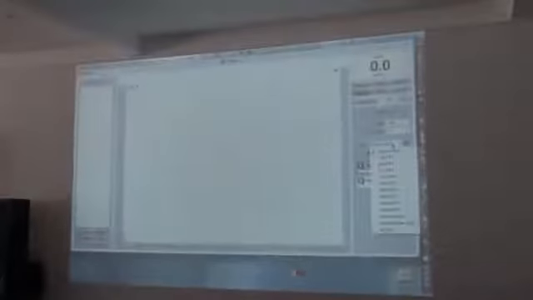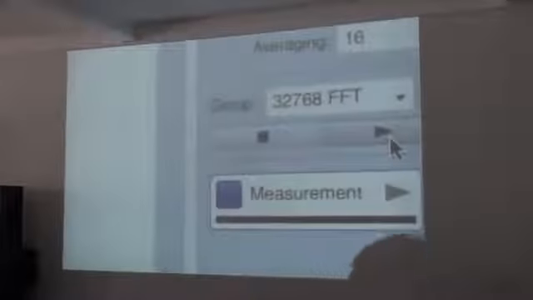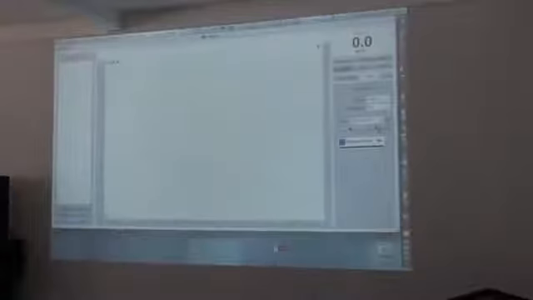Let me go to a fast Fourier transform analyzer, short for FFT.